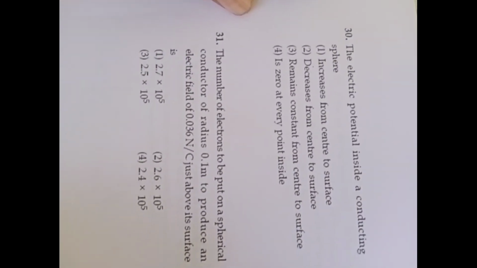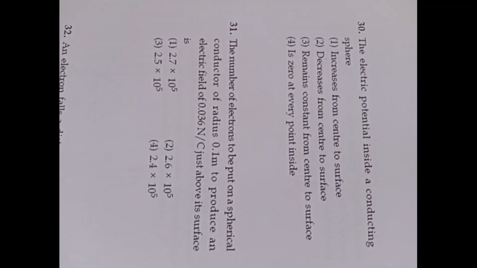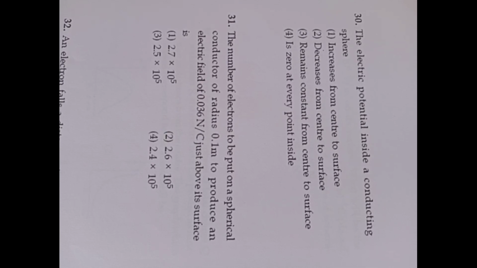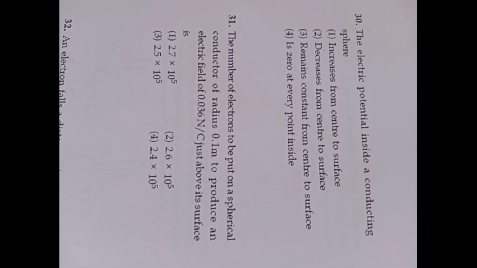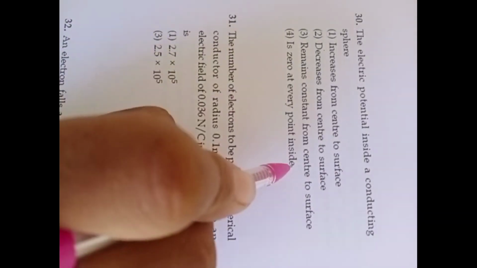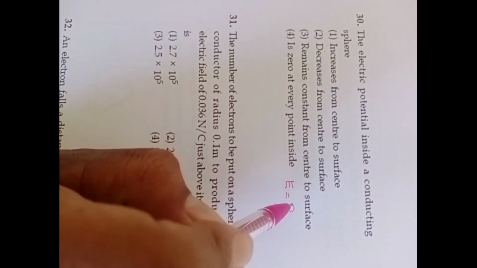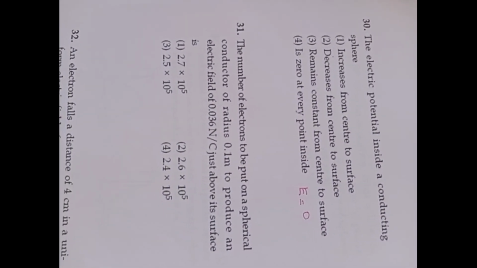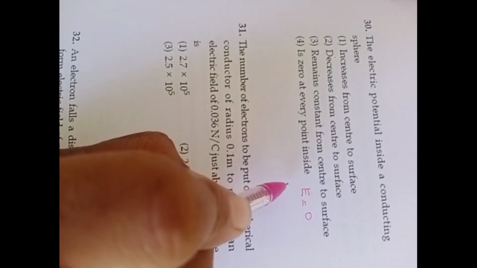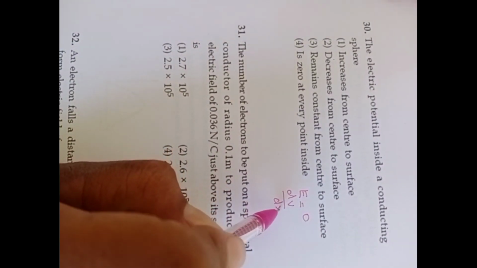The electric potential inside a conducting sphere. Actually this question comes in the next chapter. Electric potential will be in the next chapter. Inside the sphere there will be no electric field. So inside the sphere, E is equal to 0 because it is a conducting sphere. Relation between E and V, you know, already it came for you on the board. E is dV by dx, so dV by dx is equal to 0.